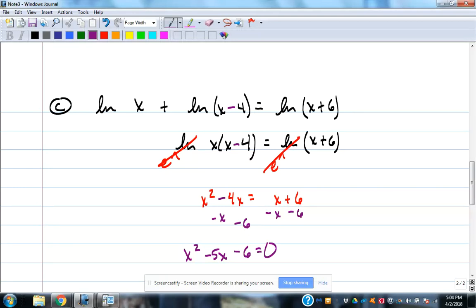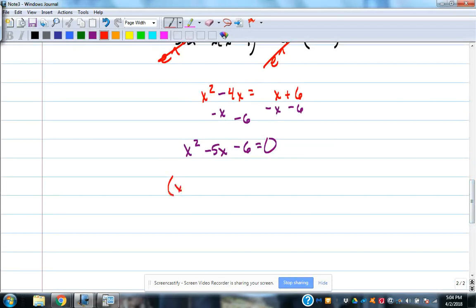And subtract 6, I get negative 6. Now that'll factor. That's x minus 6, x plus 1. X minus 6 equals 0, x plus 1 equals 0, x equals 6, or x equals negative 1.